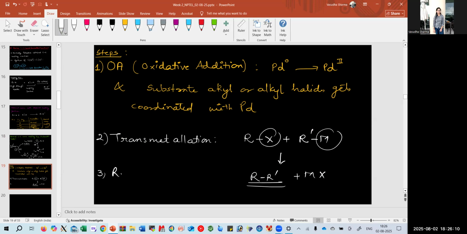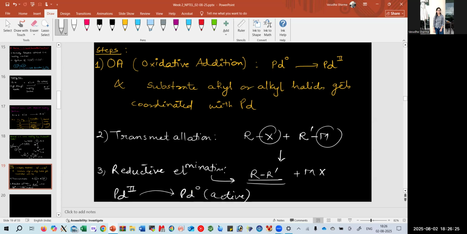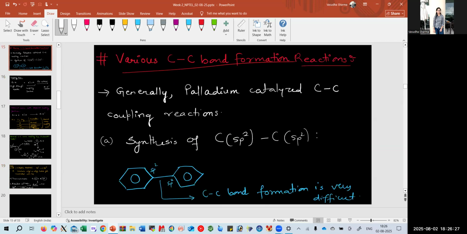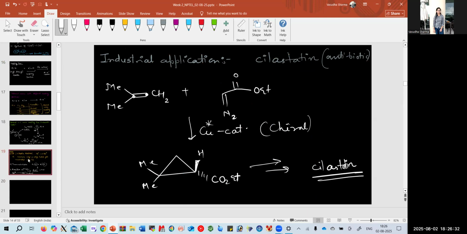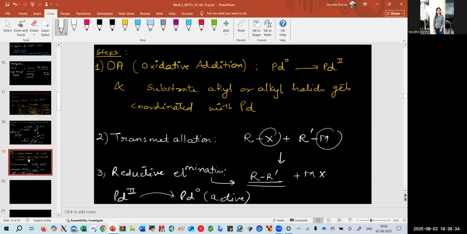And the third step is your reductive elimination, which would release the product and take palladium(II) to palladium(0), which is again the active catalyst, and the cycle continues. So these are the three specific steps that are involved here.